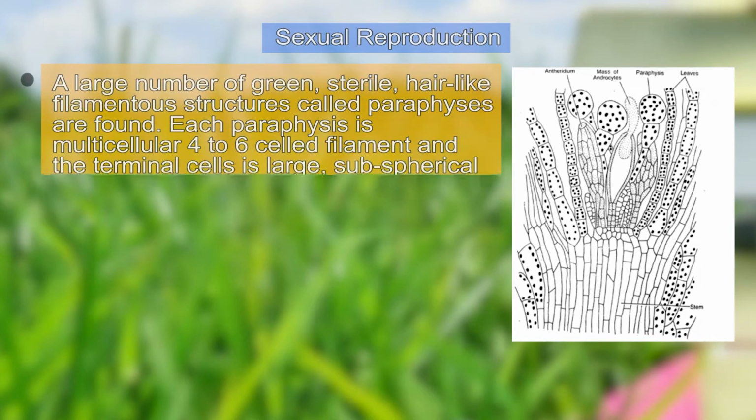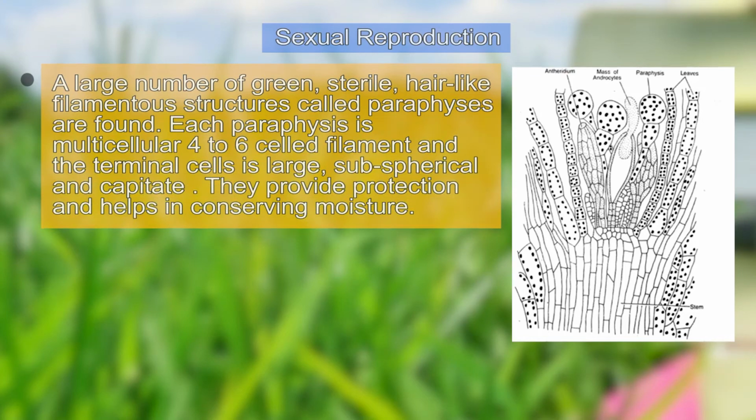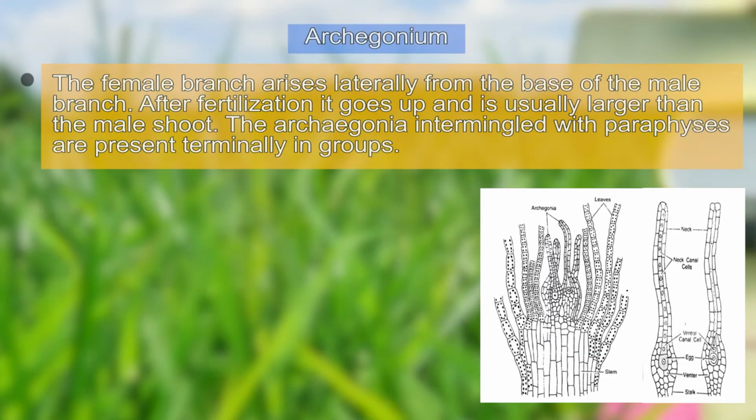There are a large number of green, sterile, hair-like filamentous structures called paraphyses, which are multicellular 4 to 6 cell filaments, and the terminal cell is a large subspherical and capitate. They provide protection and help in conserving moisture. Archegonia again are borne on branches which are known as archegoniophore, and these arise from the base of the male shoot.